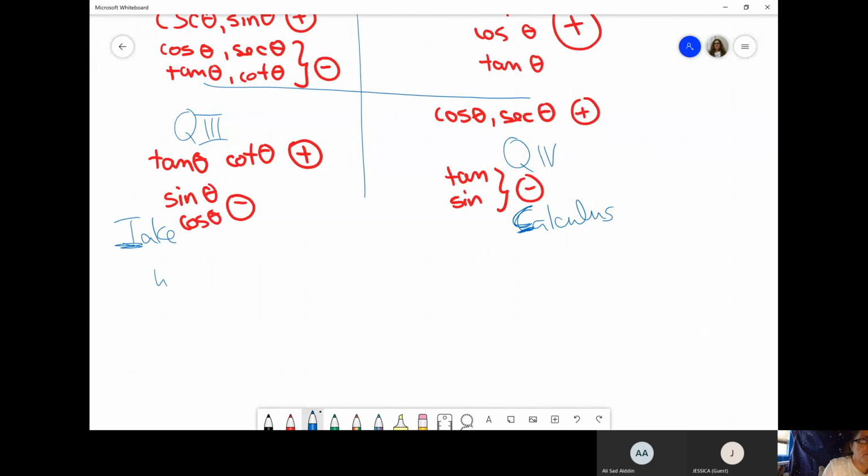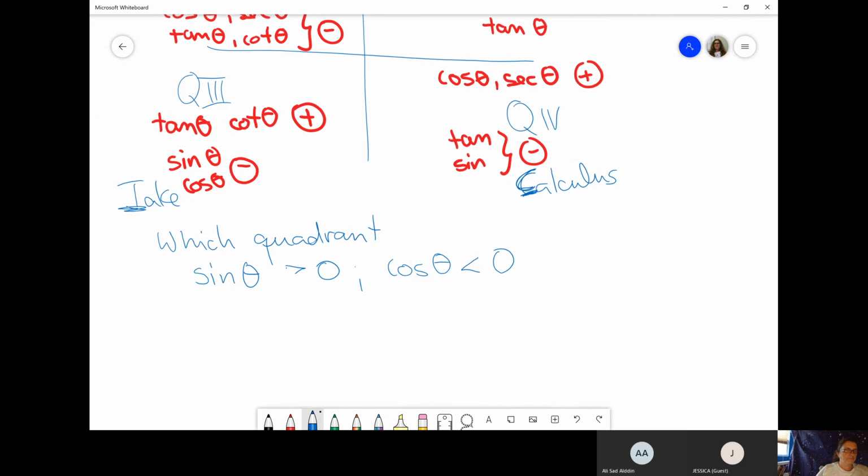Which quadrant am I located in? If the sine of theta is greater than 0 and the cosine of theta is less than 0, which quadrant am I located in?